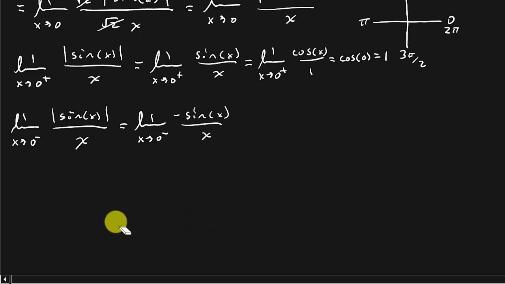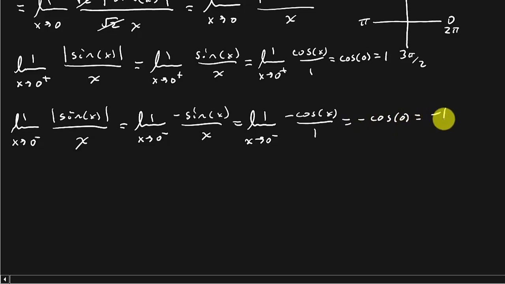And then once again, when we plug the 0 in, we get 0 over 0. We can apply L'Hopital's rule. So that's going to be negative cosine x over 1. And so that's going to be negative cosine of 0, which equals negative 1.